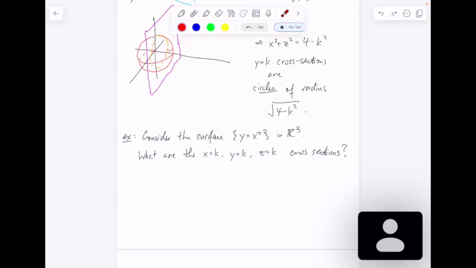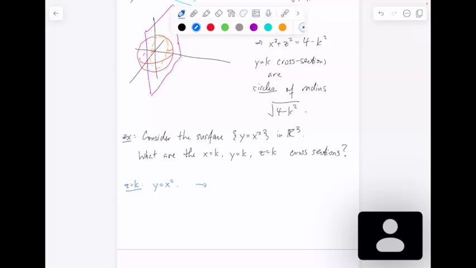And basically, you could drag this parabola in the z direction. And the swept out shape is what the surface is, because there's absolutely no regard to what your z value is here. So at every single z slice, you look like a parabola. So we could try this, right? We could view this as for z equals k, y is equal to x squared.